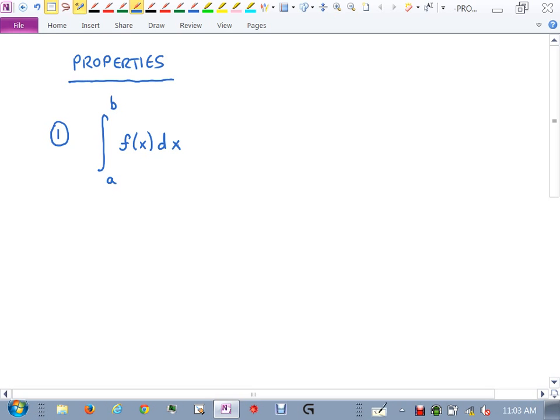All right. So this first property says that area is equal to the integral from B to A, f of x dx. Now, what's the difference here so far? I changed these limits of integration, right?